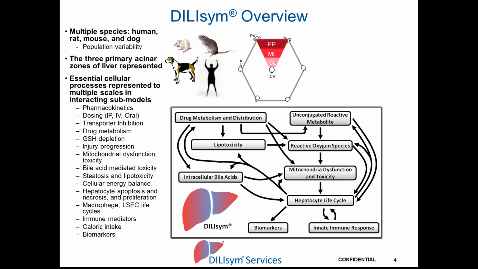There's also an interaction with a representation of the innate immune system, which can exacerbate injury or ameliorate injury. It also provides support for the regeneration post-injury. We also have a submodel of various biomarkers of drug-induced liver injury, and we'll touch on some of these aspects later in this presentation.